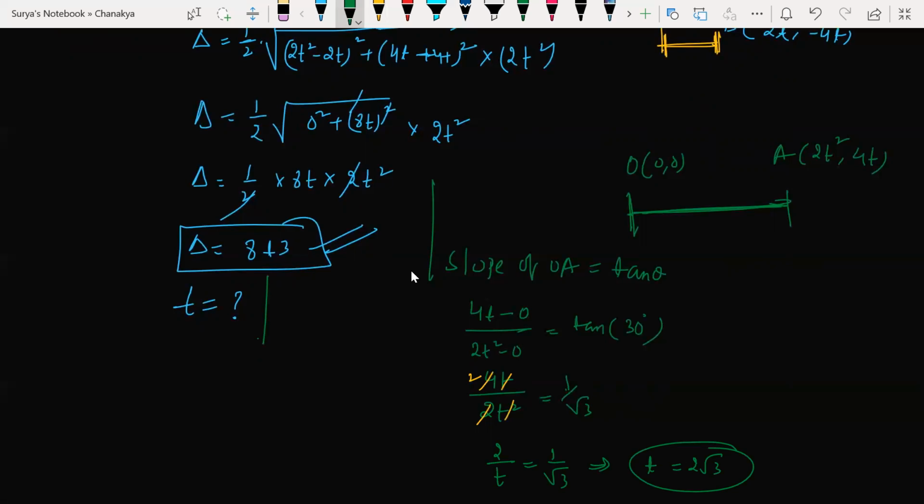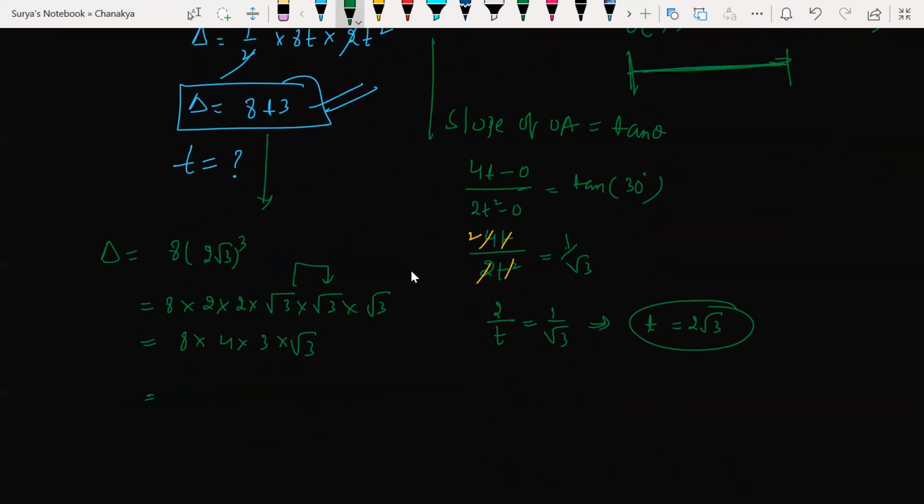So from this, now can I find out the area of the triangle: 8 into (2 root 3) whole cube. Then 8 into 2 into 2 into 2, root 3 into root 3.